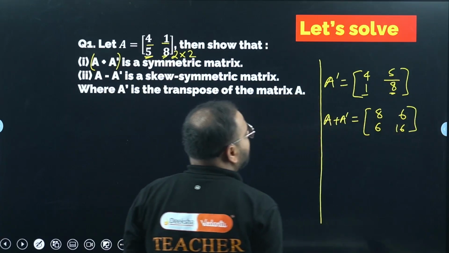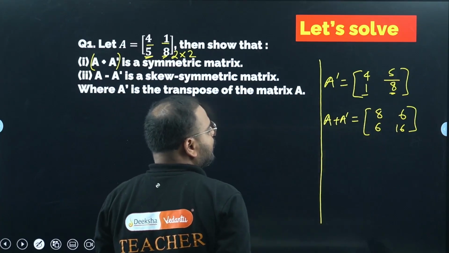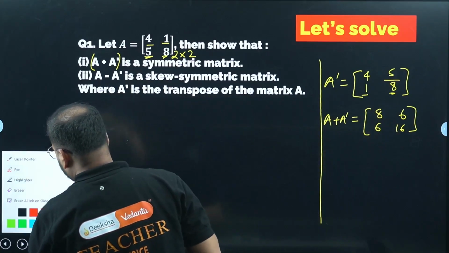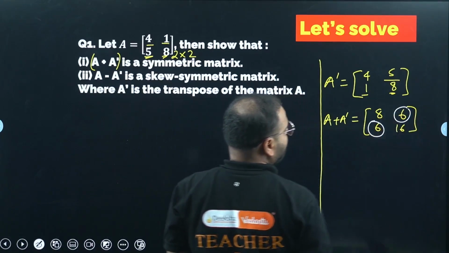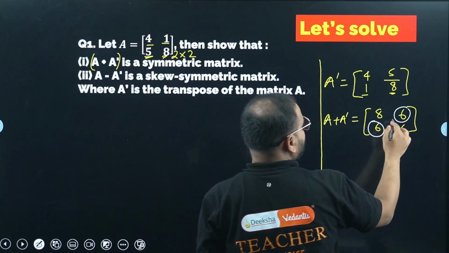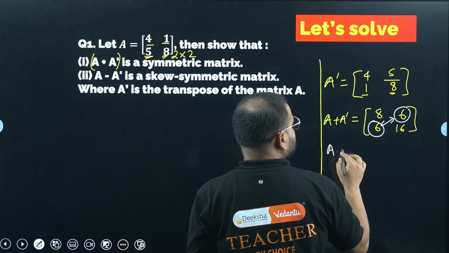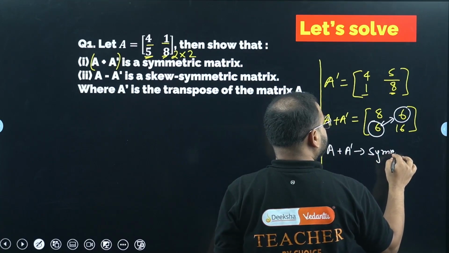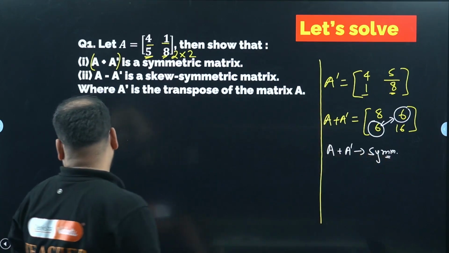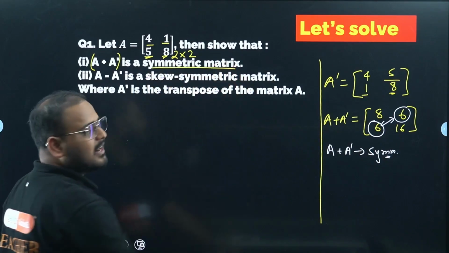If you look at these elements, are they not the same? Are they not symmetric? Yes, they are. So A plus A dash is symmetric, which is what we were looking for. We proved that the first one is true.